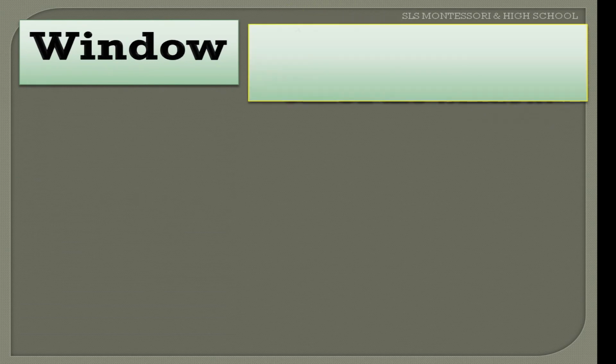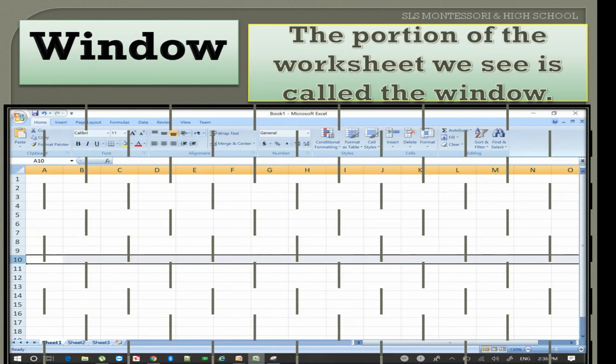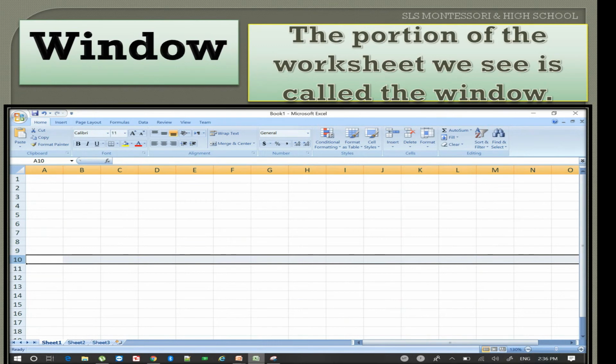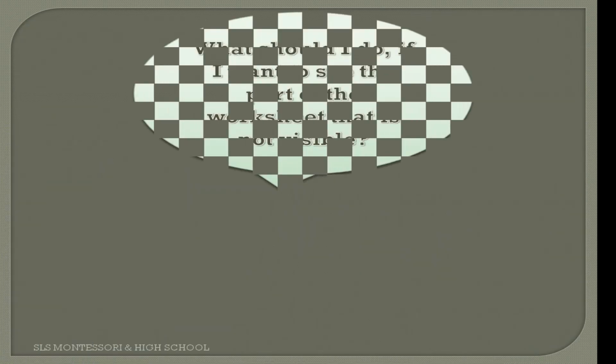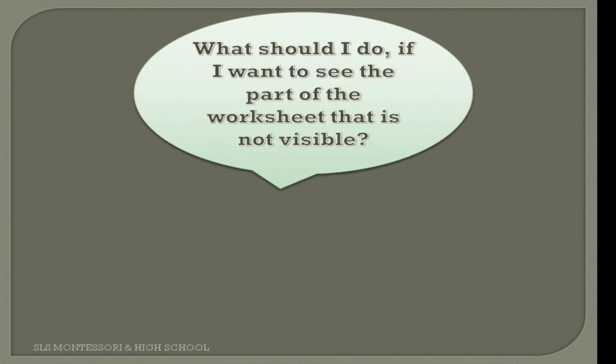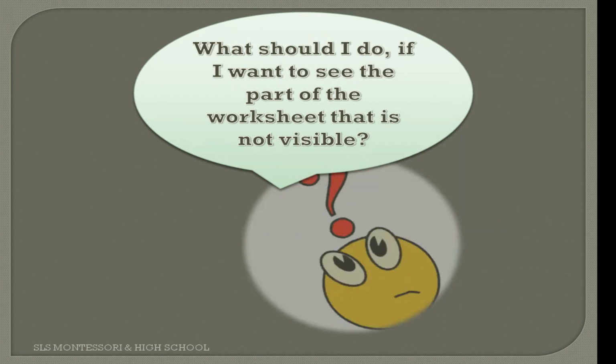Now, what is window? The portion of the worksheet we see on the screen is called window. This is the area that is highlighted is window. What should I do if I want to see the part of the worksheet that is not visible?